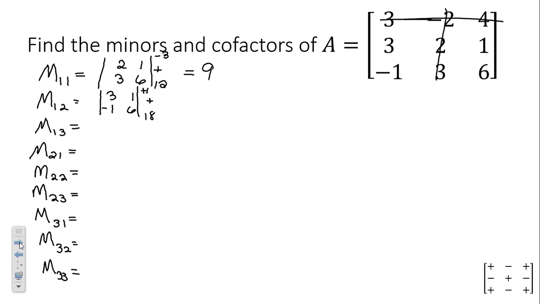Change the sign and add. 19. Now we want the minor of row 1, column 3. Eliminating row 1, column 3, we find the determinant of 3, 2, -1, 3. Downward diagonal, 9. Upward diagonal, -2. Change the sign. Add.